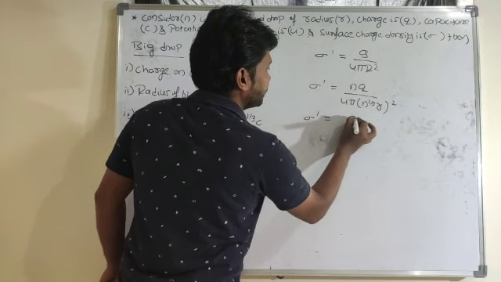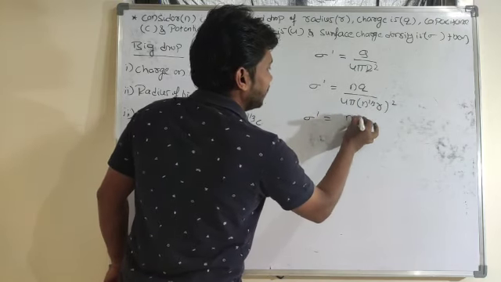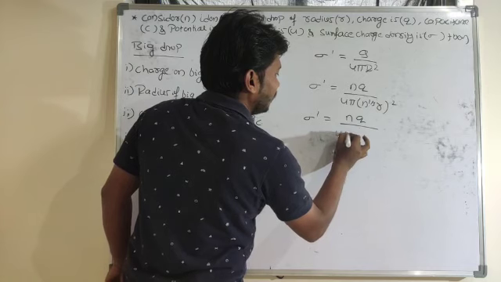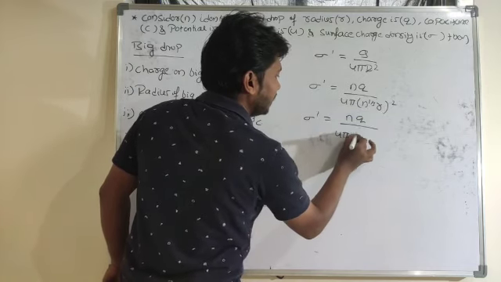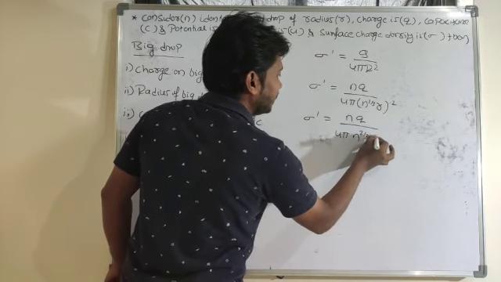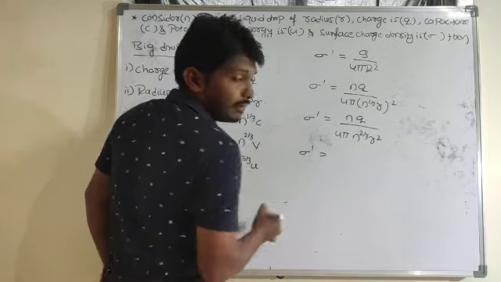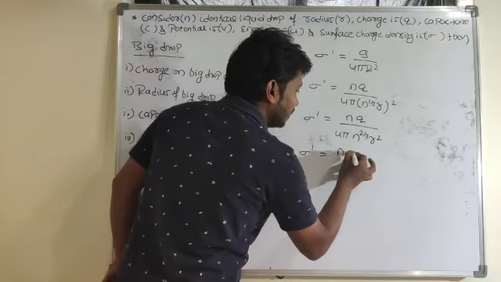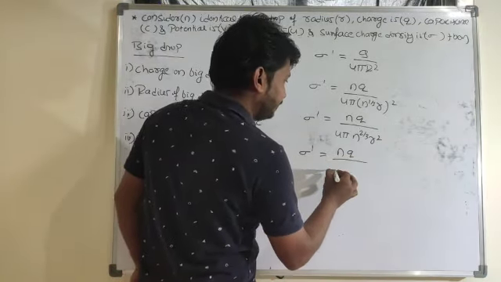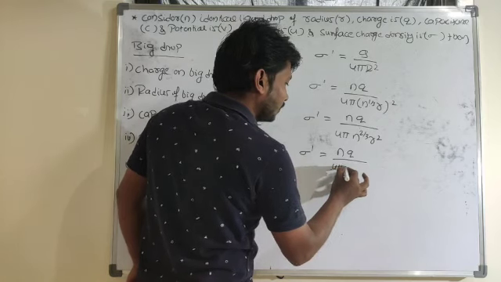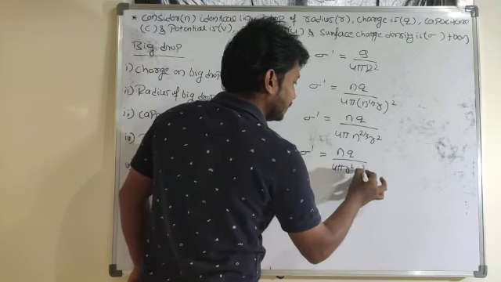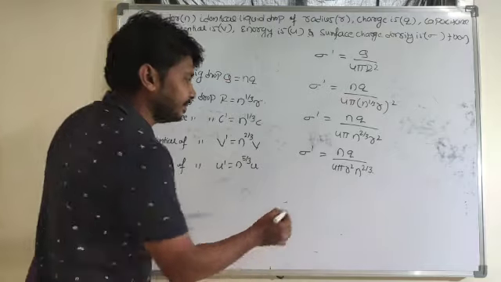So sigma dash is equal to n into q divided by 4 pi r square into n to the power of 2 by 3.